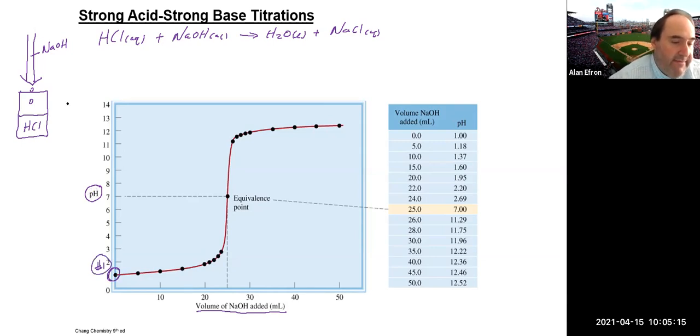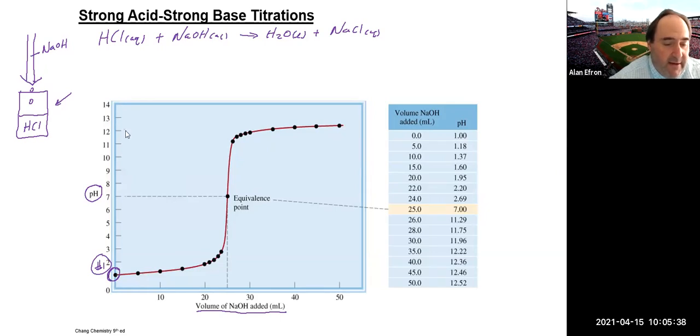So the only thing you have sitting in the beaker is hydrochloric acid. We want to know what the pH would be before we even start the titration.